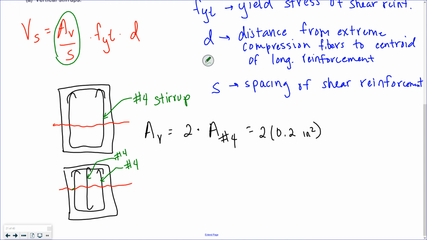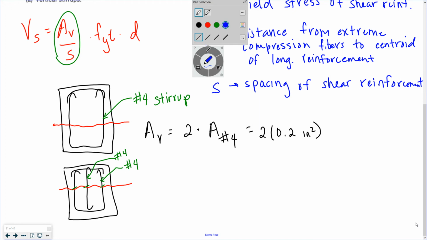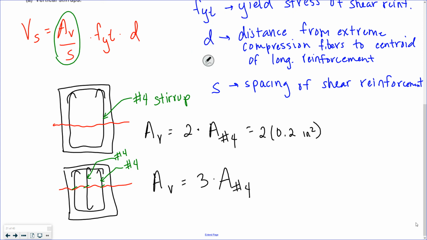So now you have 1, 2, 3. So your area of shear reinforcement would be 3 times the area of a number 4. So 3 times 0.2 inches squared.